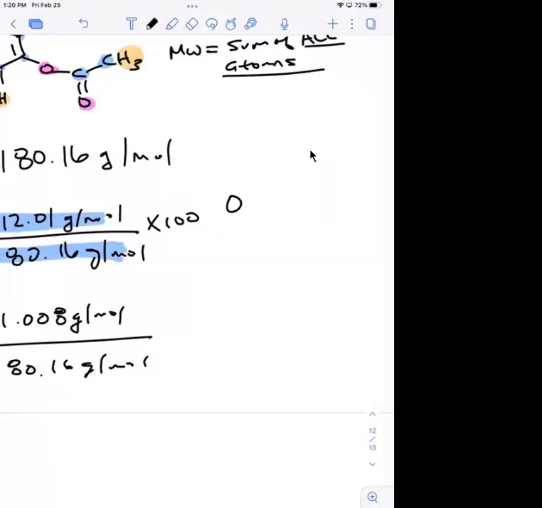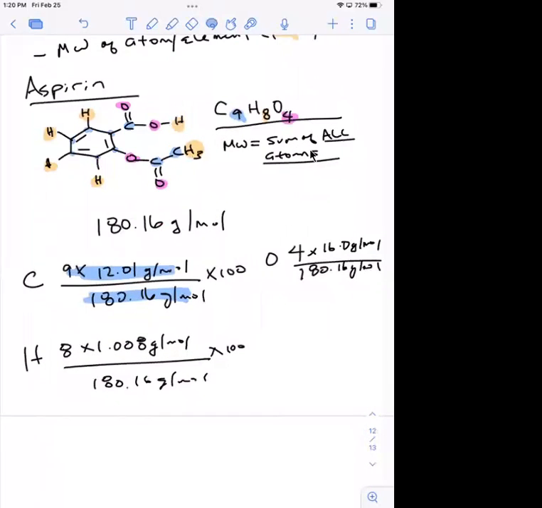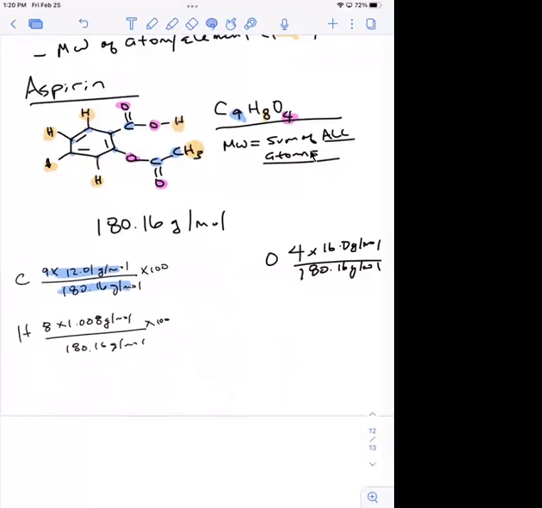Well, it'll be 4 times 16 grams per mole divided by 180. Right, and all of these will be times 100 to give us a percentage. So let me shrink that a little bit so I can make room for the actual percentages.